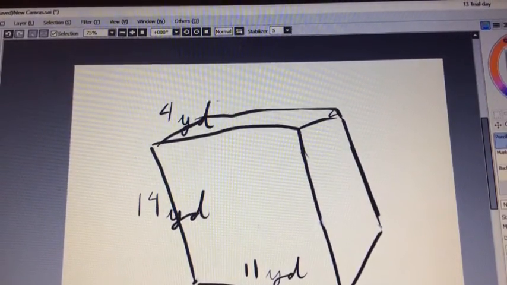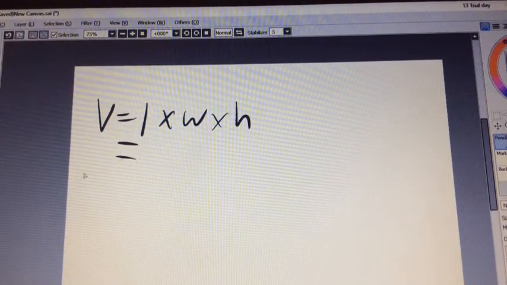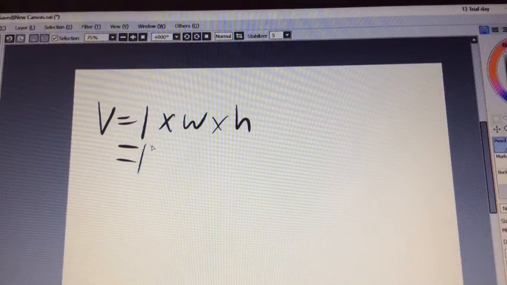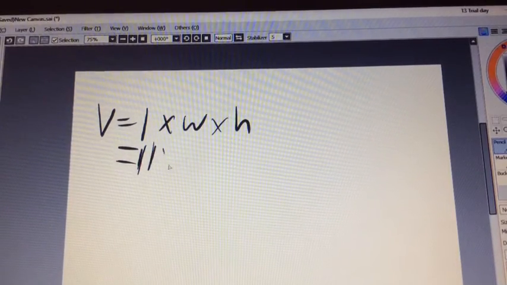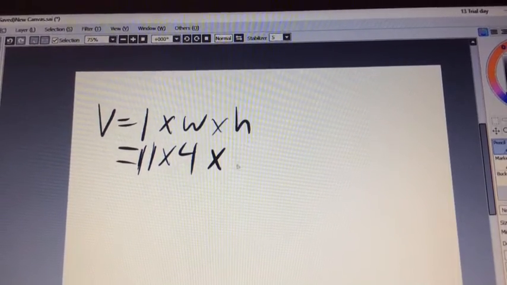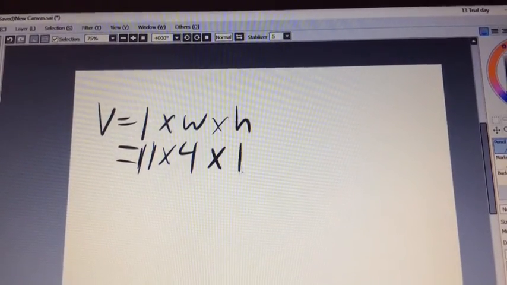So, let's just get rid of the box here. We'll just plug in the numbers. 11 times 4 times 14.